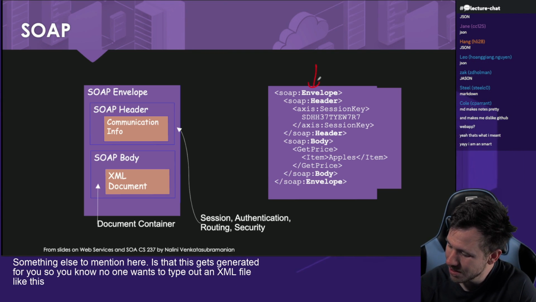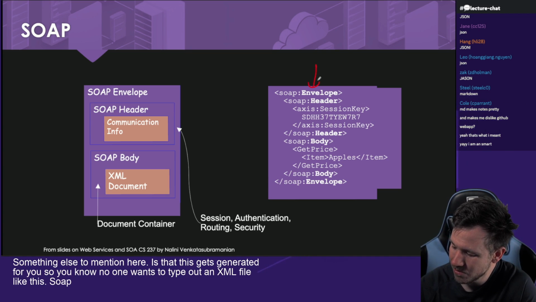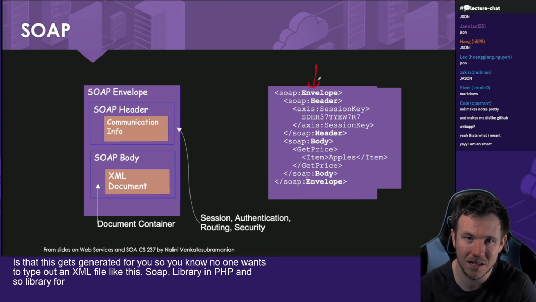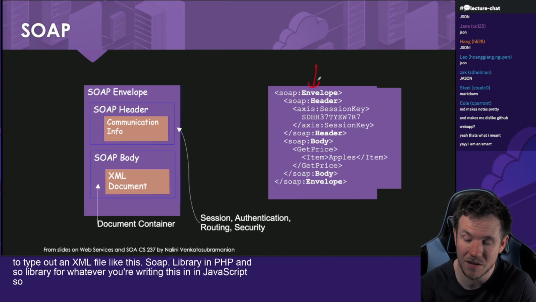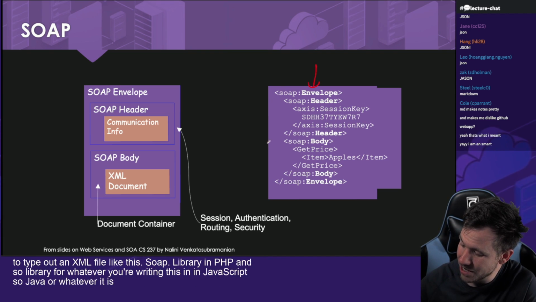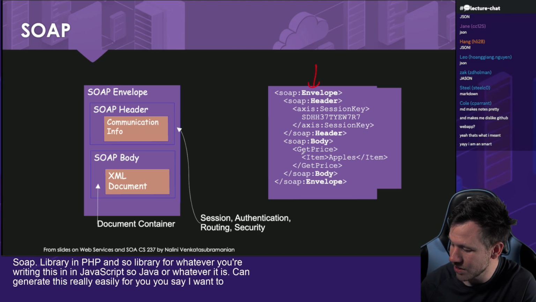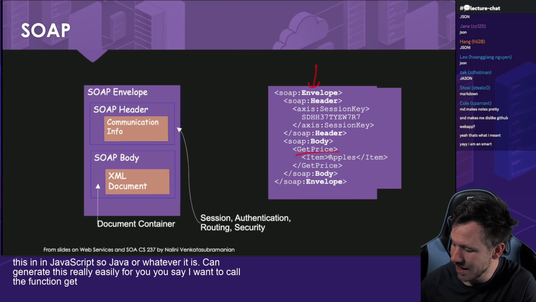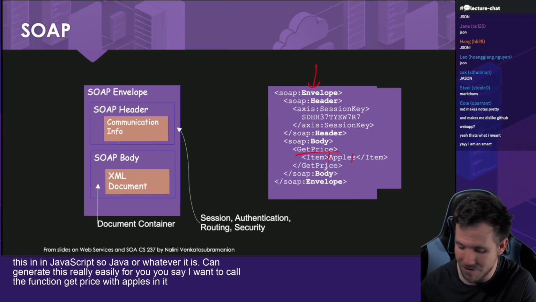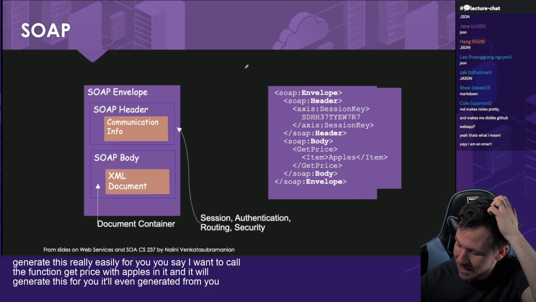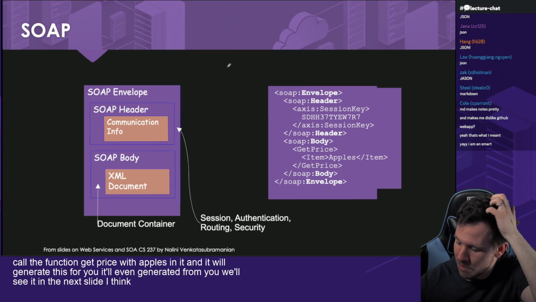The SOAP library in PHP, or the SOAP library for whatever you're writing this in, JavaScript, Java or whatever it is, can generate this really easily for you. You say, I want to call the function getPrice with apples in it, and it will generate this for you. It'll even generate it from actual code, we'll see it in the next slide, I think.